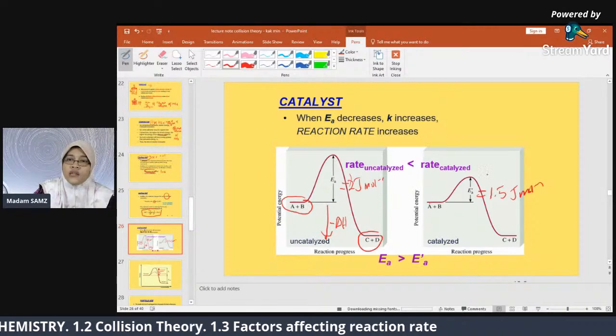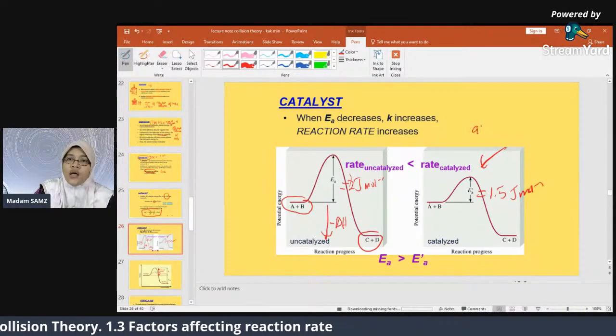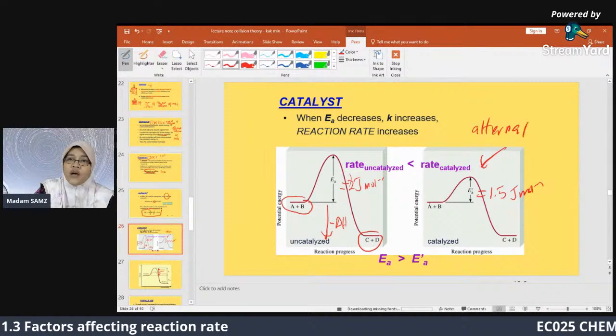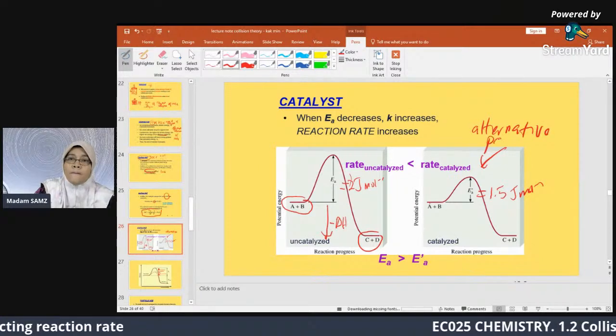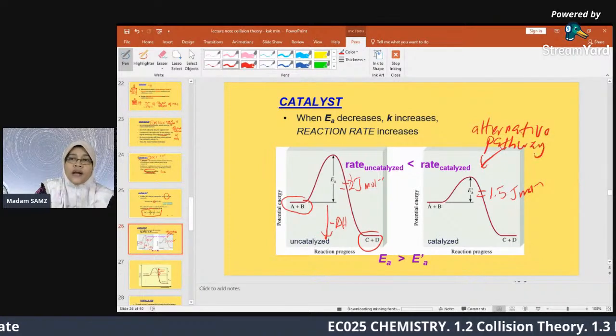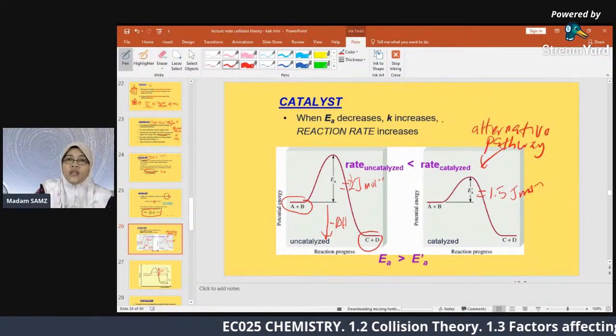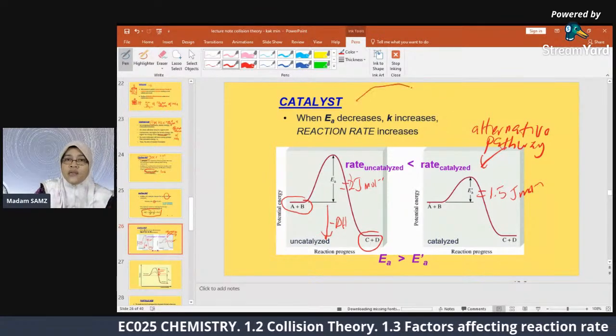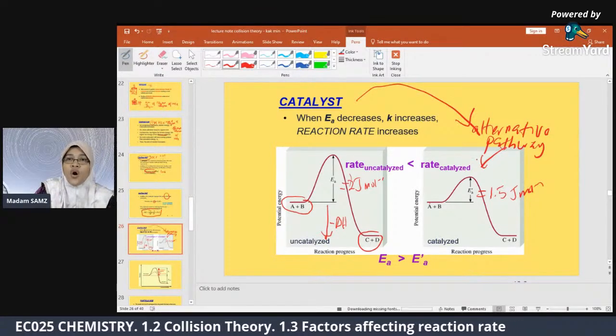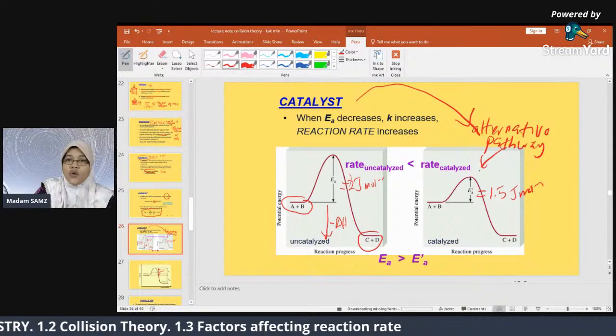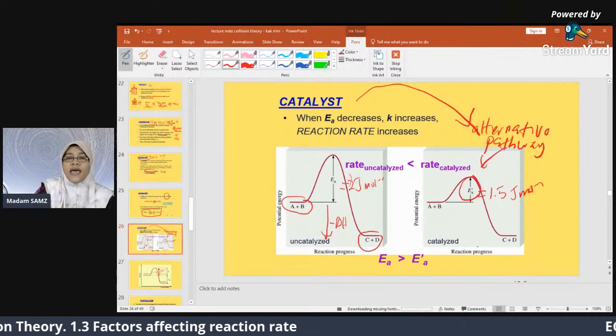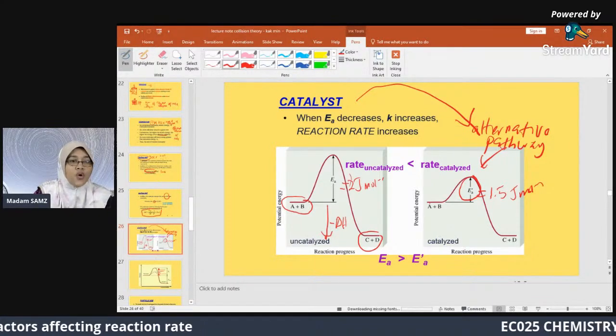Because this is what we call an alternative pathway. All right. So catalyst will give you an alternative pathway with a lower activation energy. All right. Hope you understand.